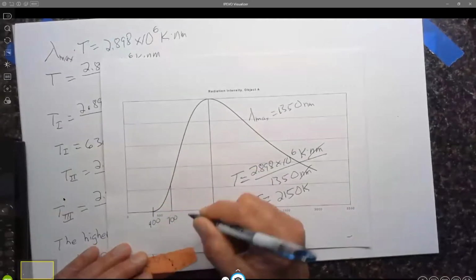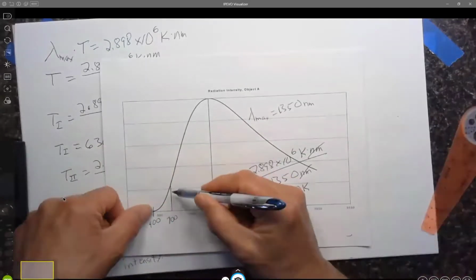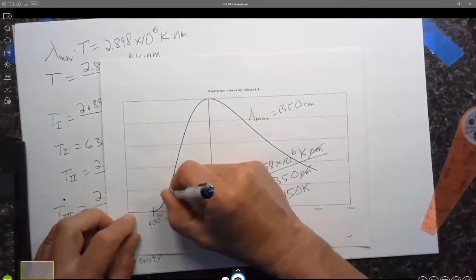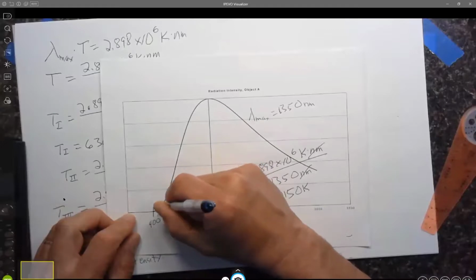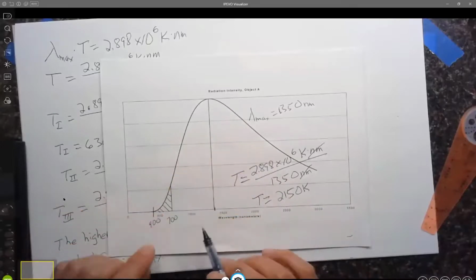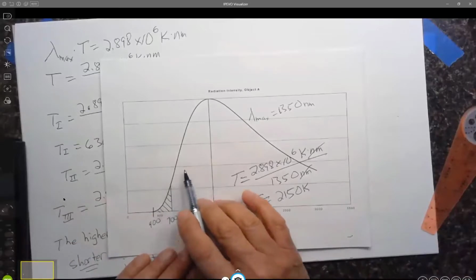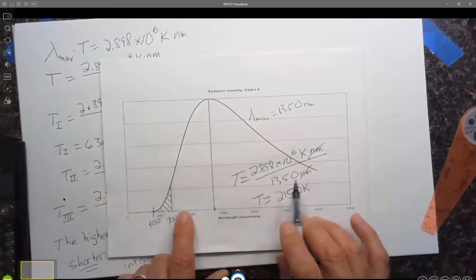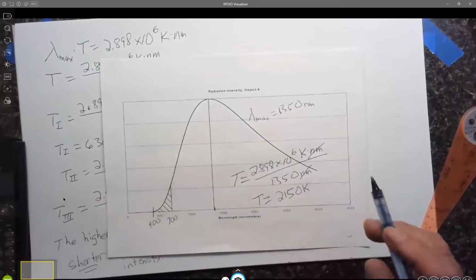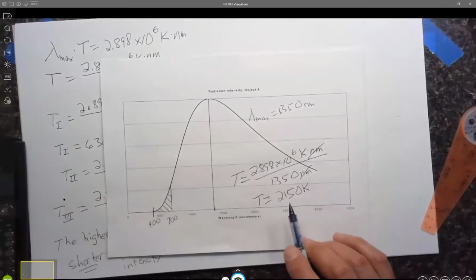Okay, visible light fits between these two. So the portion of the light that's coming off of this object that's actually visible is just this one little corner down here. And we don't even see the vast majority of the light that's coming off of this object, or the electromagnetic radiation. It would just be invisible to our eyes.